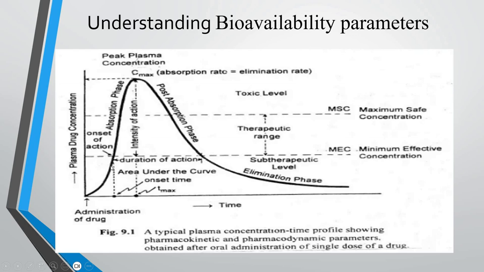Basically, in this period both distribution, absorption and elimination are happening, but absorption is very high compared to elimination, and the drug gets absorbed to the maximum. But after the Cmax point, elimination continues at the same rate, but there is nothing more to absorb.